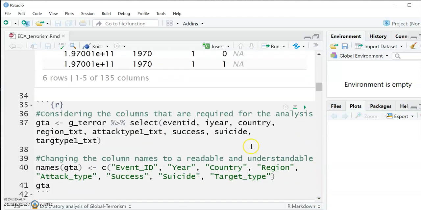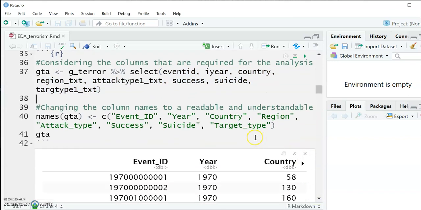So here you can see that I have selected a few columns which are required for the analysis, and then I have changed their names so that they are readable and understandable, like event ID. So these are the names which I have given to the particular columns.